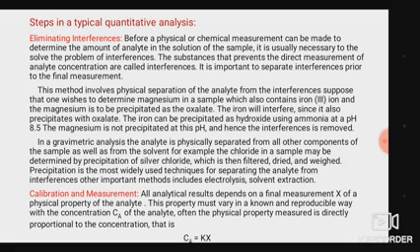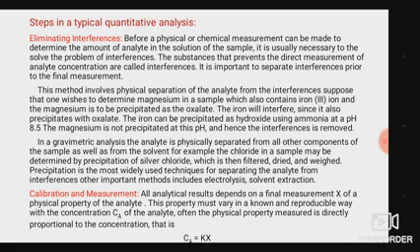It is important to separate the interferences prior to the final measurement. So the first step for the analysis is to remove the interferences. This method involves the physical separation of the analyte from the interferences.